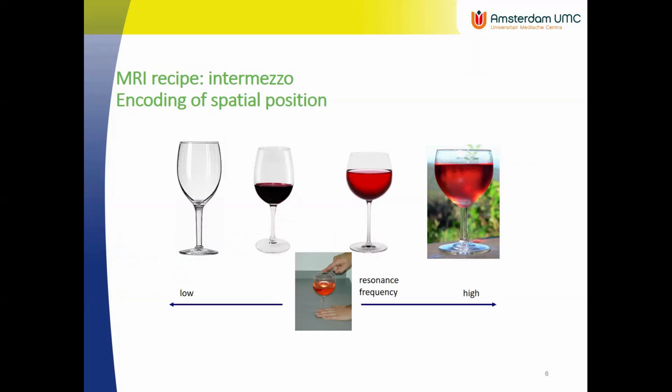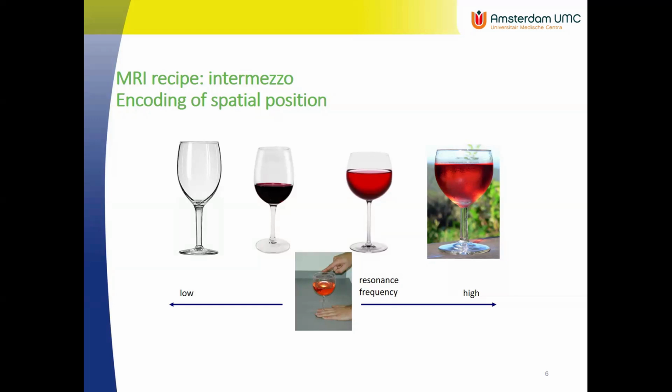You could compare it with glasses of wine, if you like wine. If you have different levels of filling of glasses of wine, maybe you know that you can make a wine glass sing if you wet your finger and put it on the edge of the glass. In this case, shown on the slide, the glasses have different levels of filling, and they will produce a different tone.